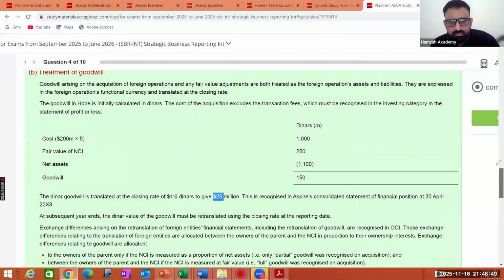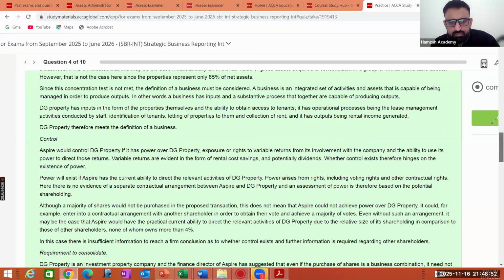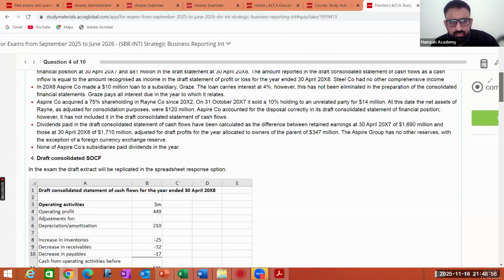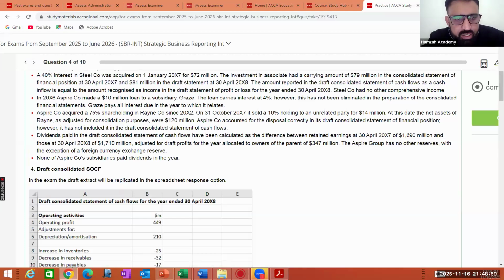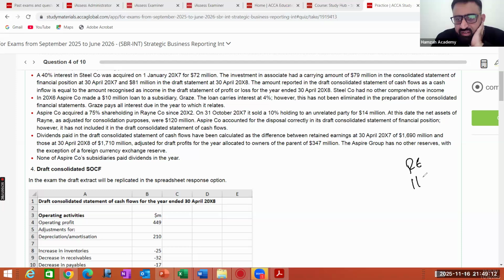And now the second last point. Dividend paid in the draft consolidated cash flow statement has been calculated as the difference between retained earnings at 30th April X7, the retained earnings balance at 30th April X7 being 1690, and those at 30th April X8, 1710, brought forward and carry forward, adjusted for the draft profit for the year allocated to the owners, which was 347.